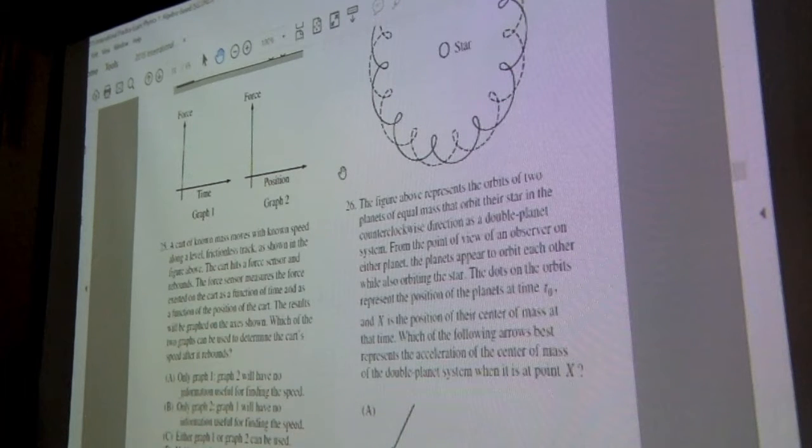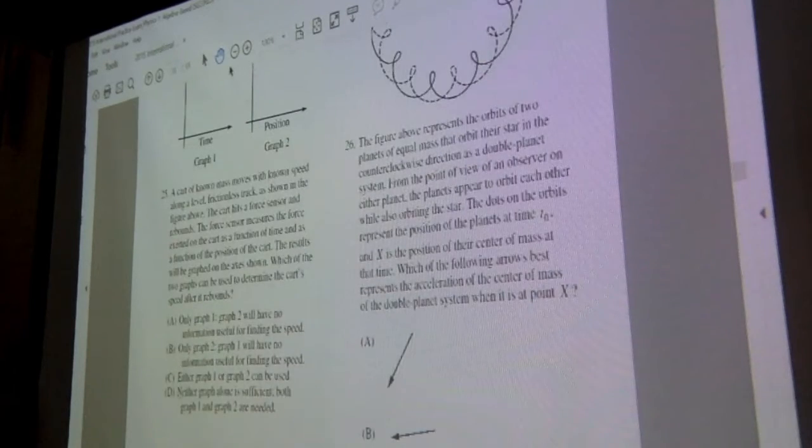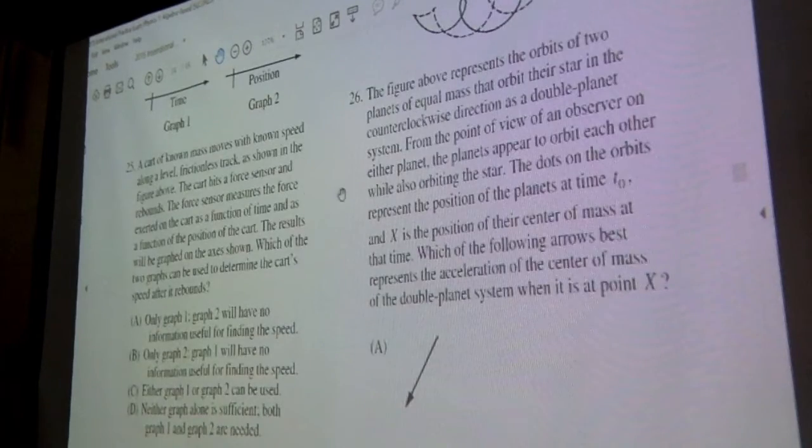Sam once again. Travis. I think it's D. Neither graph is sufficient. Both. Let's see. What is it?